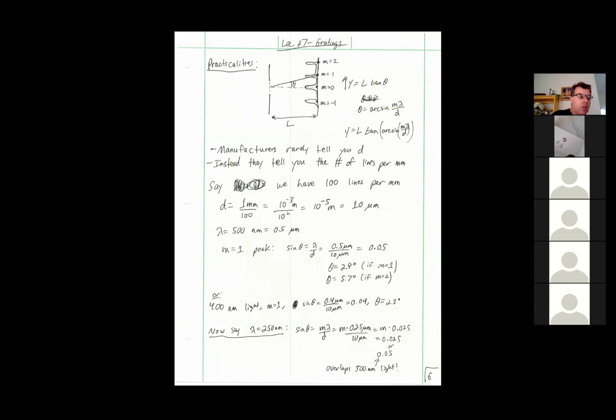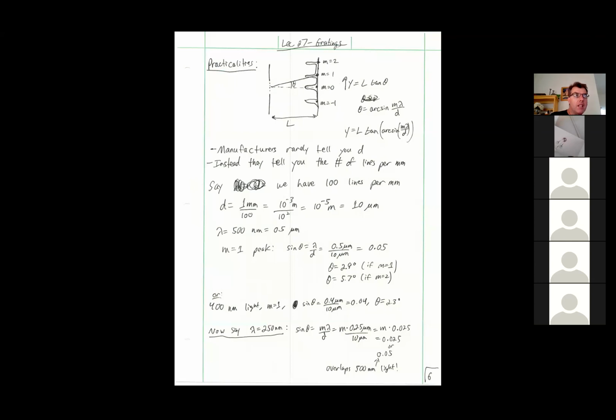You have to do something else to figure out, is this source actually giving you 580 nanometer light so that m times lambda is 1 times 580 nanometers? Or is it giving you 290 nanometer light so that m times lambda is still 580, but m is 2 and lambda is 290?